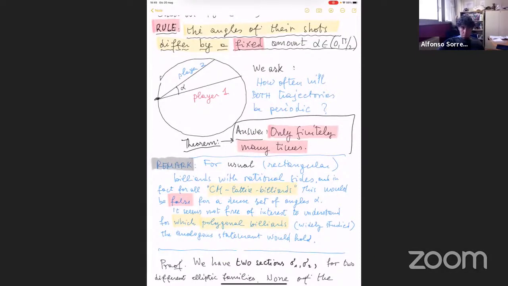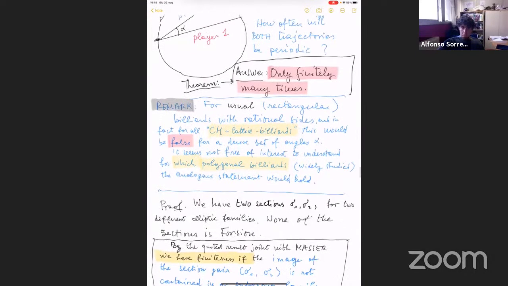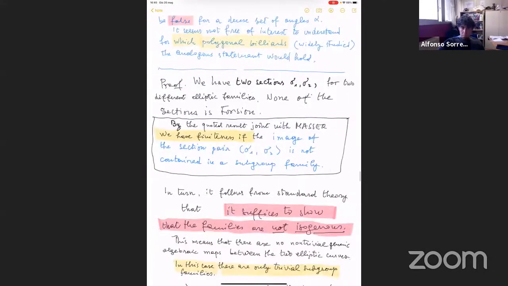But now we have 2 slopes because we have the slope of the first player and the slope of the second player. And so we have 2 sections. And none of the sections is torsion because they are both billiard sections.